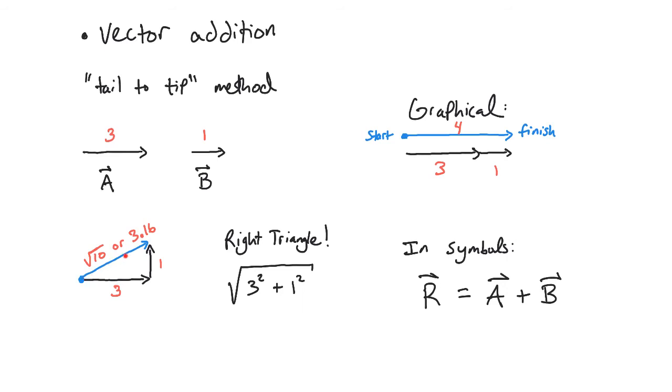So the magnitude of this resultant vector now is not 4 at all. It's not 3 plus 1. It's 3.16. So in general with vectors, you absolutely cannot just add the magnitudes of vectors and think you're going to get the correct magnitude of the resultant vector. Now it will work in one dimension. That's the only time that's going to work.